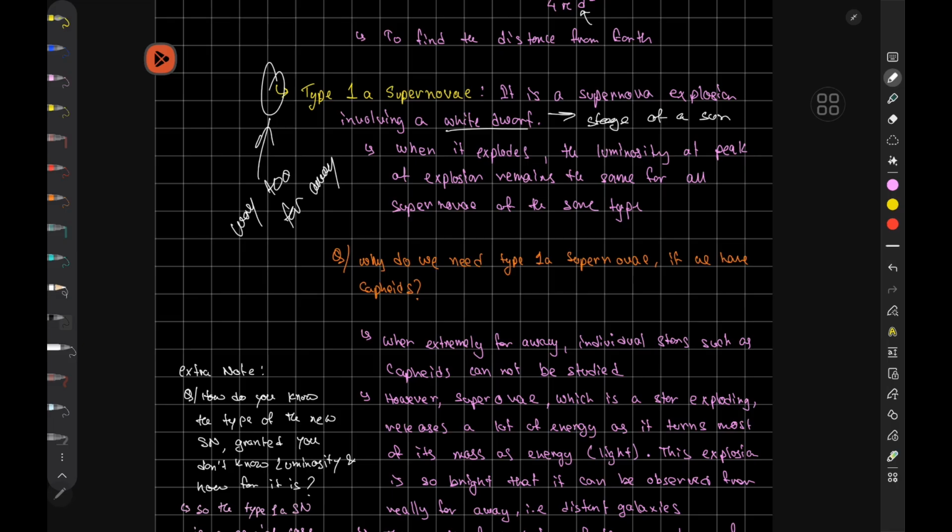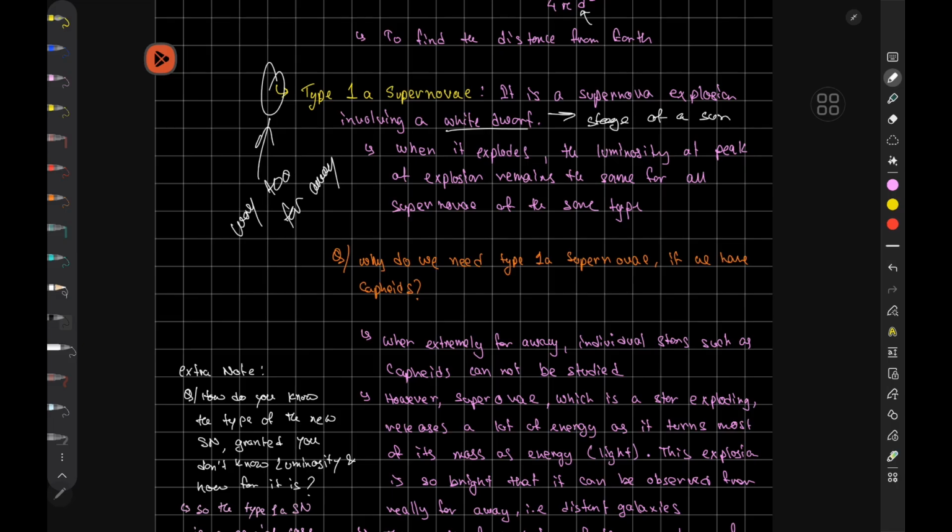White dwarfs are basically the old age of suns, and after a point, they explode. So white dwarfs explode into supernova and release a ton of energy, way more than a ton of energy, but you get the exaggeration.